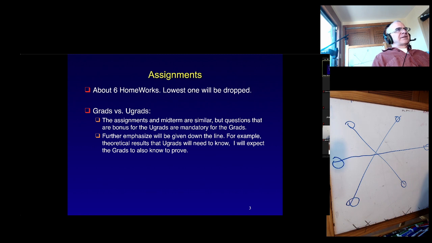As far as the differences between the requirements for the grads versus the undergrads, you are both getting the same homework, the same assignment, but some of the questions are mandatory for the grads and optional for bonus for the undergrads.